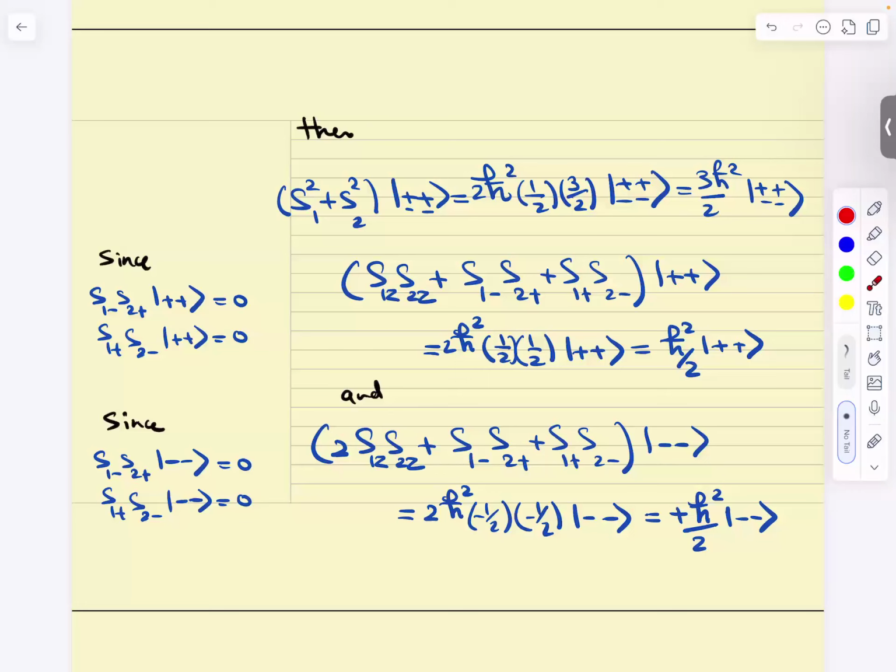But these other operators are a little bit trickier. How does this one act on plus plus? It kills it, because S2 plus acting on plus is 0. We can't raise it further. How does this one act on plus plus? It kills it, because S1 minus now kills it. So all that you're left with is ħ squared over 4 times plus plus. Similarly for minus minus. Good.